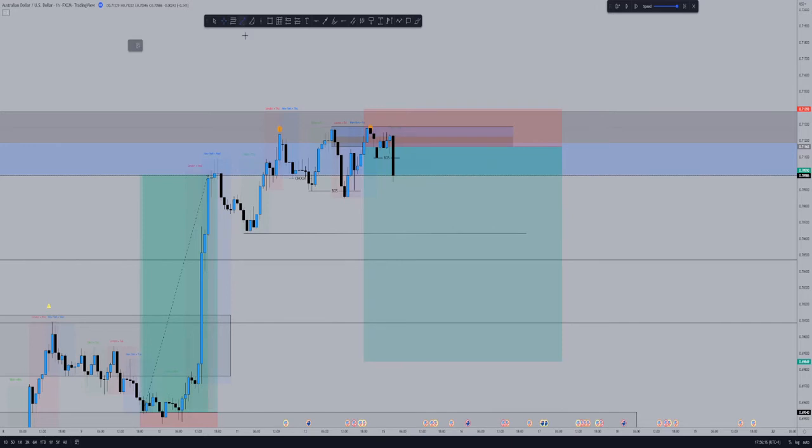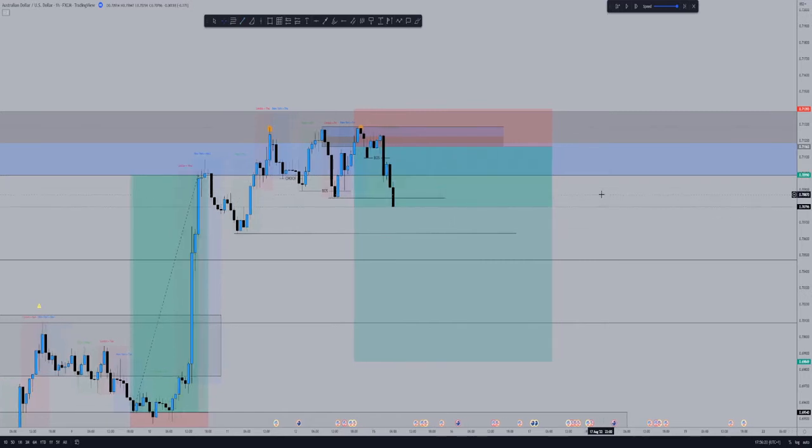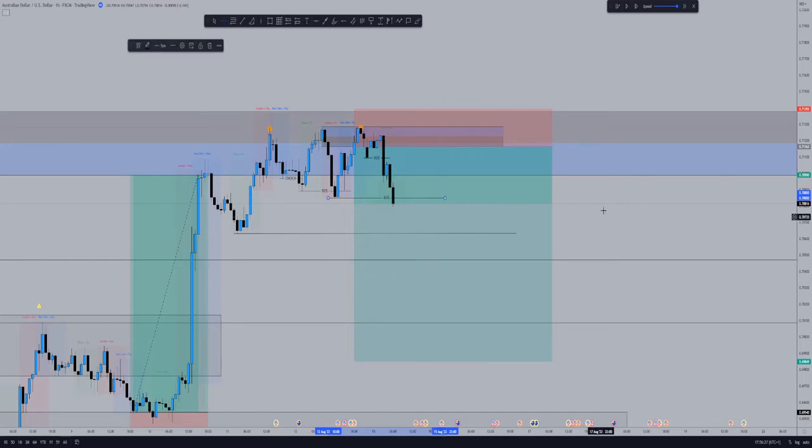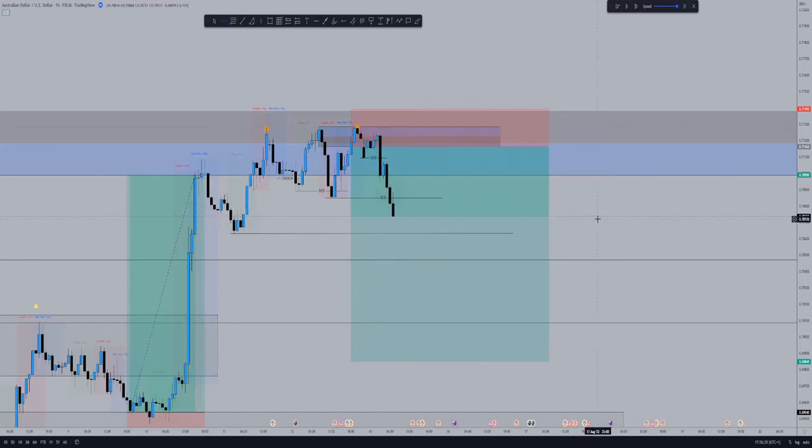The next structure point we'd be looking to break would be this one here. Okay, so we've broken that now.